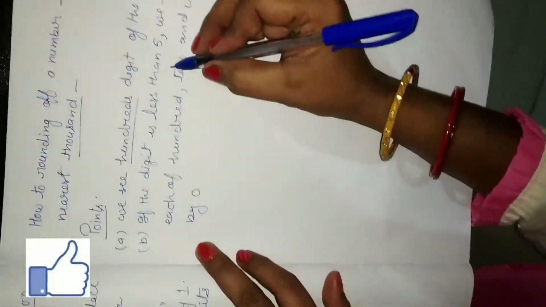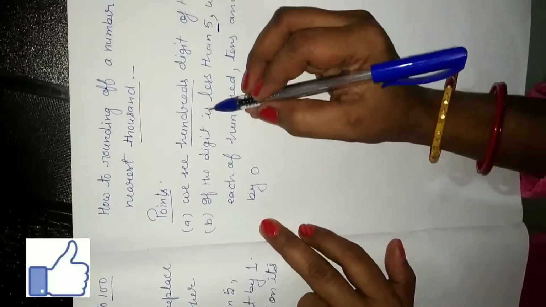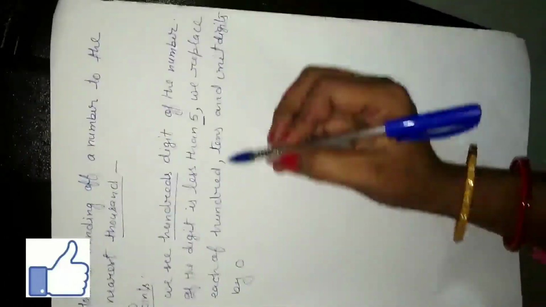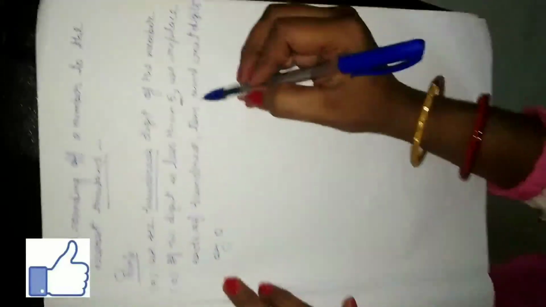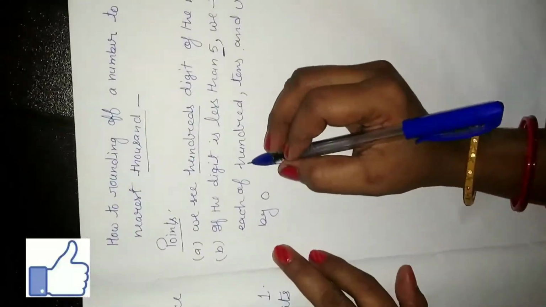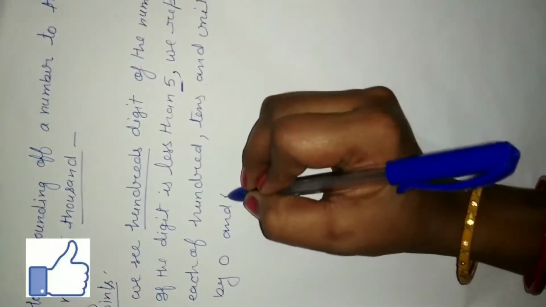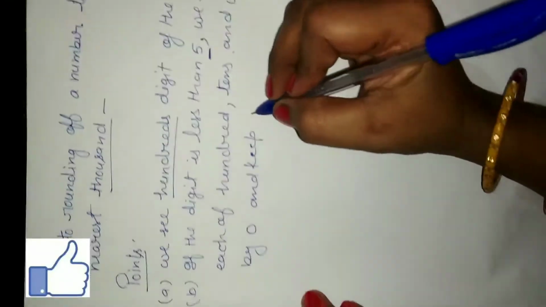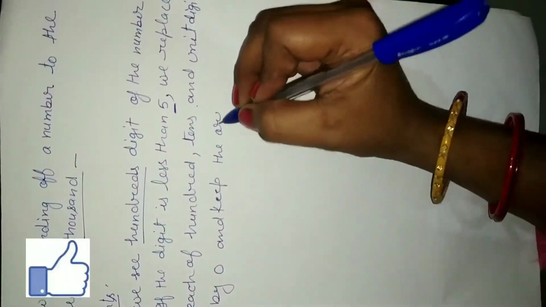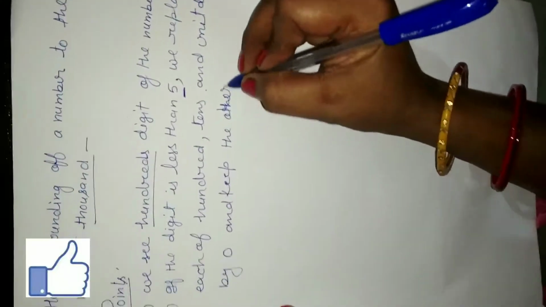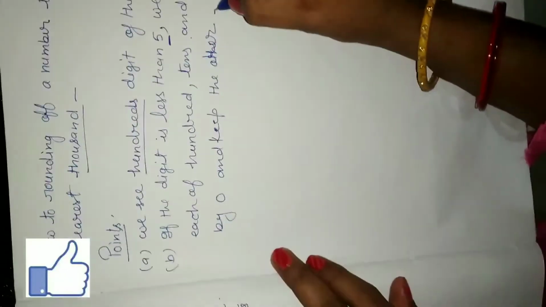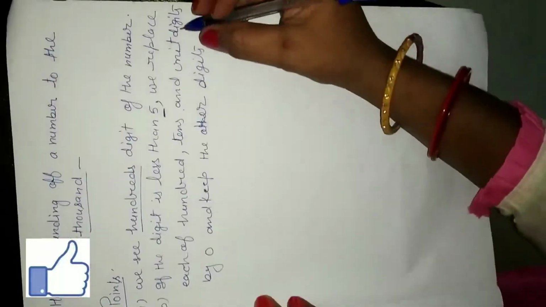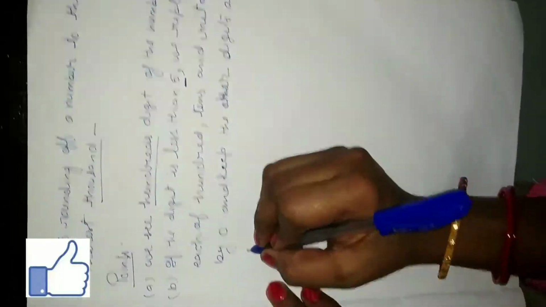If the hundreds digit is less than 5, we replace each of the hundreds, tens and unit digits by 0 and keep the other digits the same.